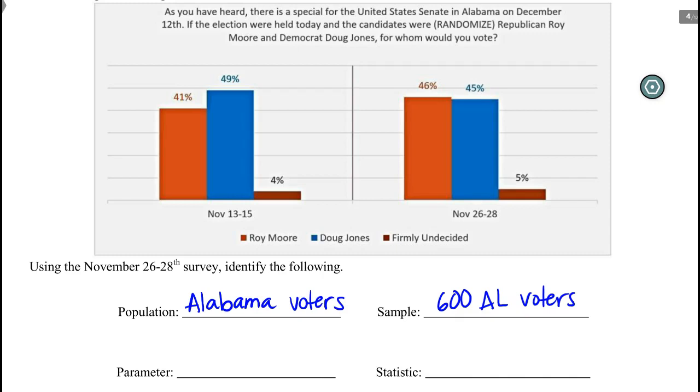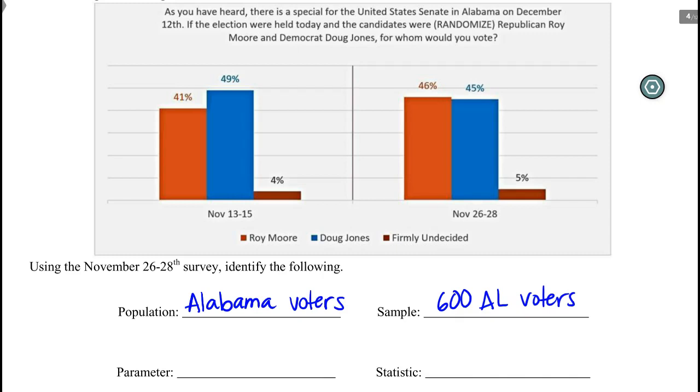The parameter is usually something we don't know. In this case, it's a little bit complicated because there are three different things they measured: the proportion voting for Roy Moore, for Doug Jones, and also undecided.